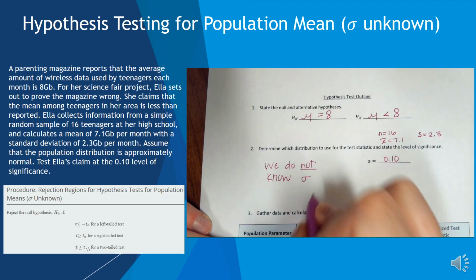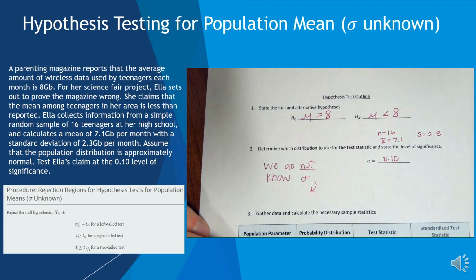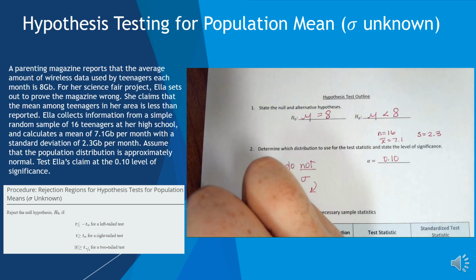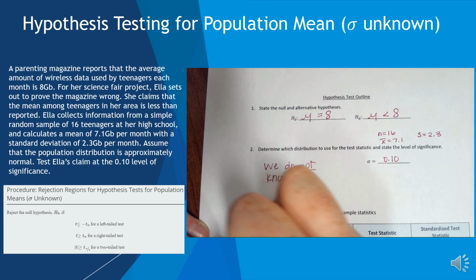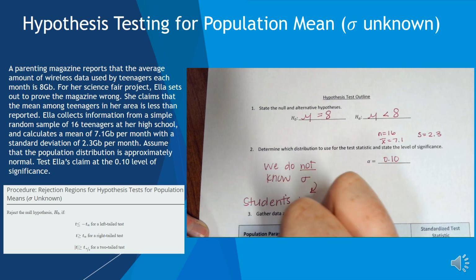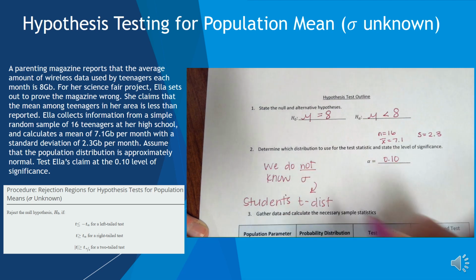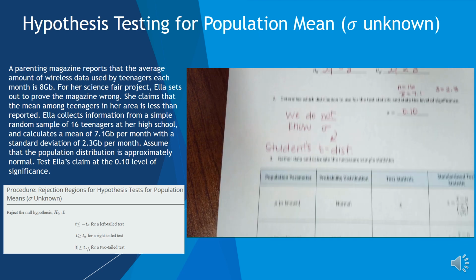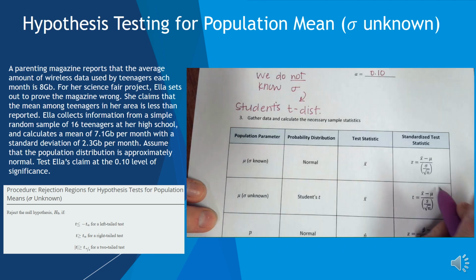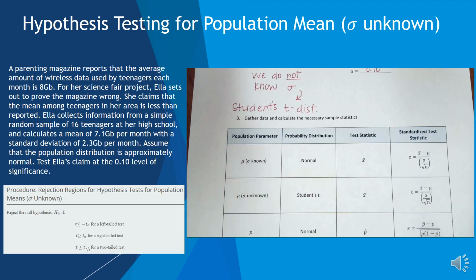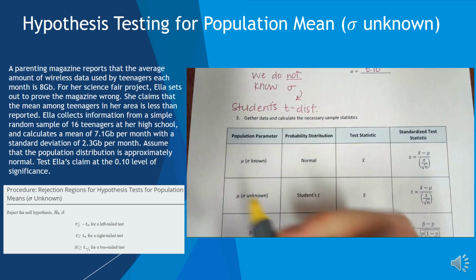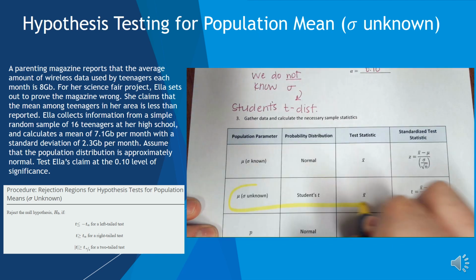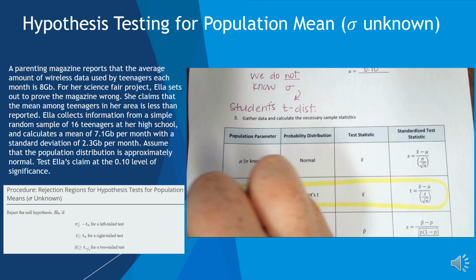Since we do not know the population standard deviation, we're going to use the student's t distribution. Now let's go down here and calculate our test statistic. Again, we are looking in the middle row because we do not know the population standard deviation.